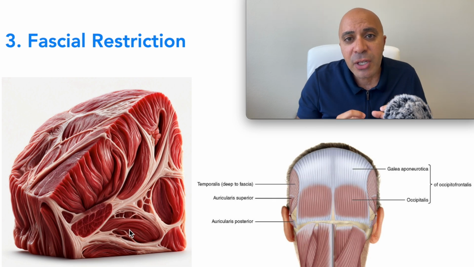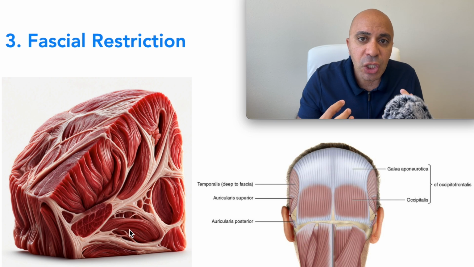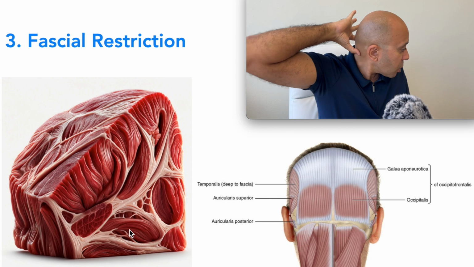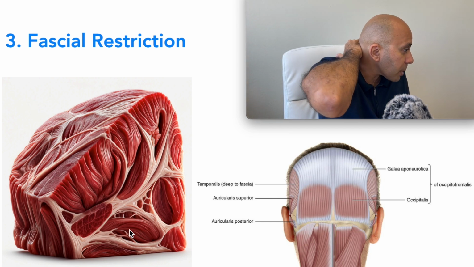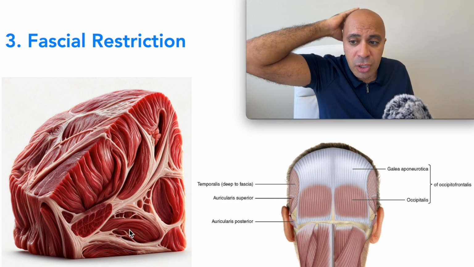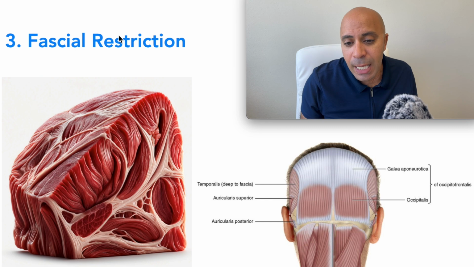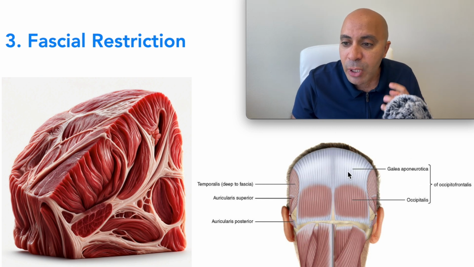So when you have fascia restrictions, it's like you're wearing a t-shirt 2 to 3 sizes too small. It's going to compress the tissue underneath it. Especially if it's in here, you're going to feel really severe pressure compressing on the occipital area and the occipital nerve, and you start to have those symptoms. And as you see, galea aponeurotica, it's aponeurotic fascia.